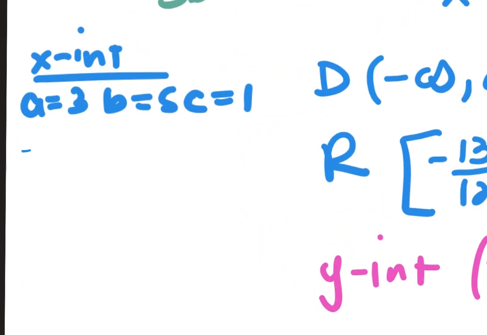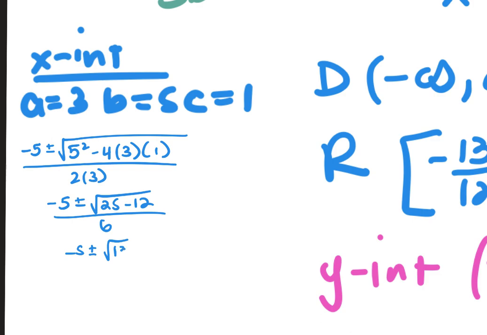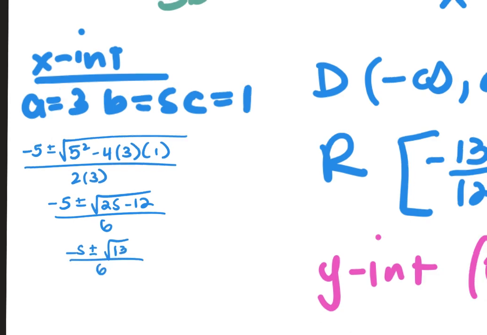And I get negative B plus and minus the square root of B squared minus 4AC all over 2A. Negative 5 plus and minus the square root of 25 minus 12 over 6. Negative 5 plus and minus the square root of 13 over 6.